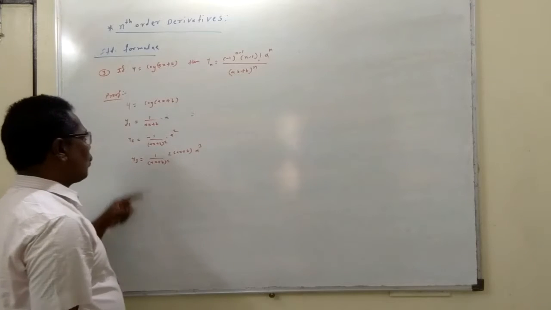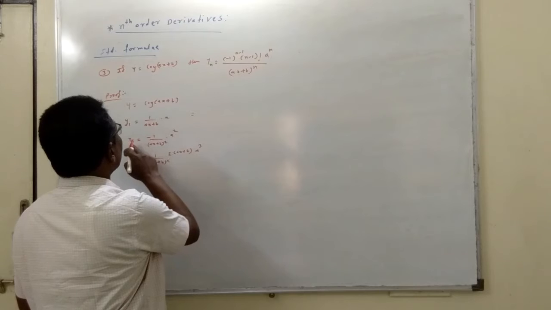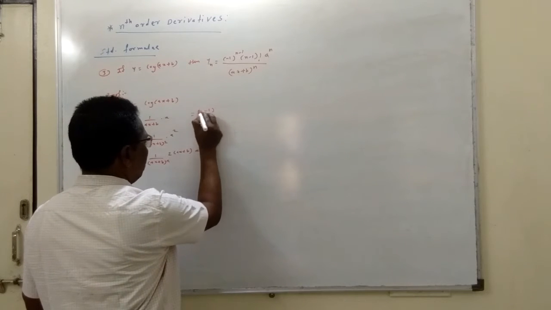Now when n is equal to 1, n is equal to 2 and so on, we can write (n minus 1) factorial.